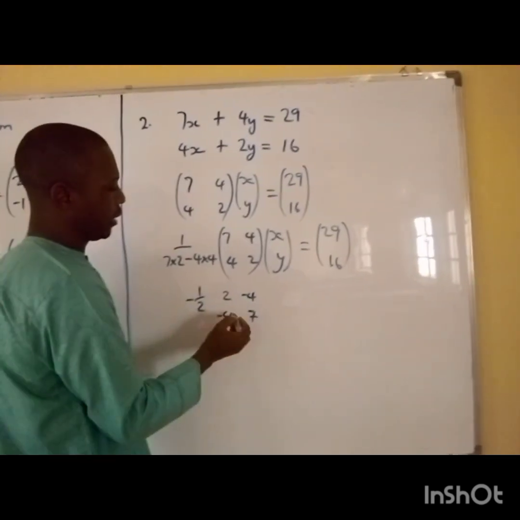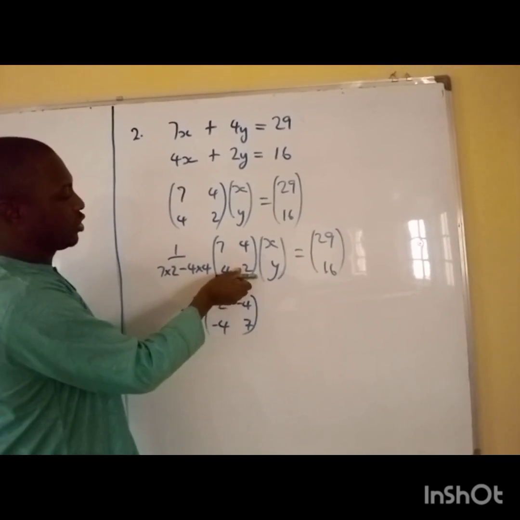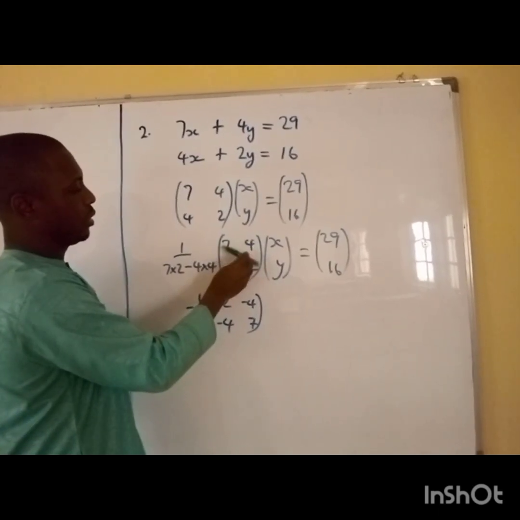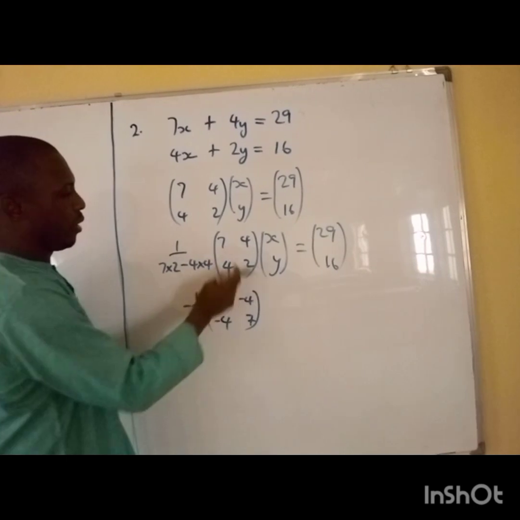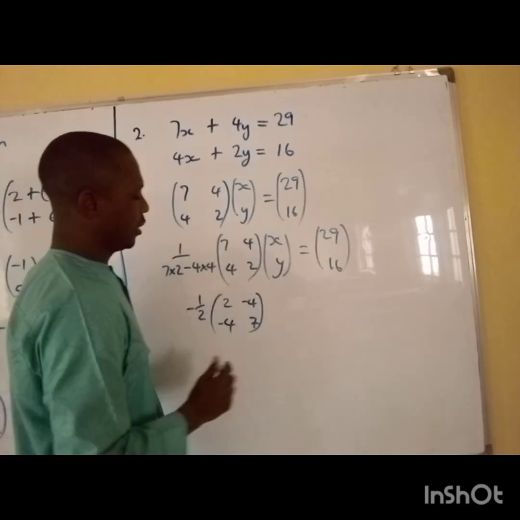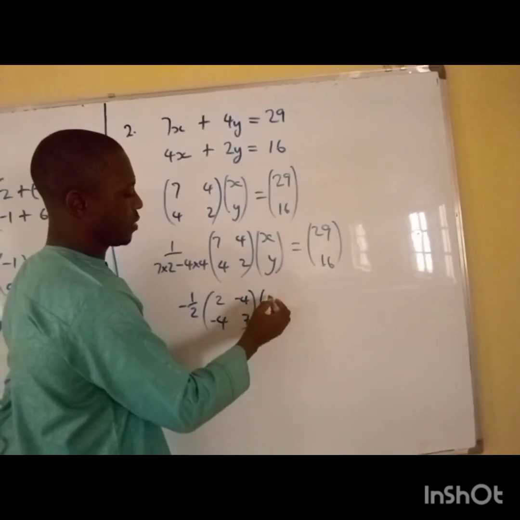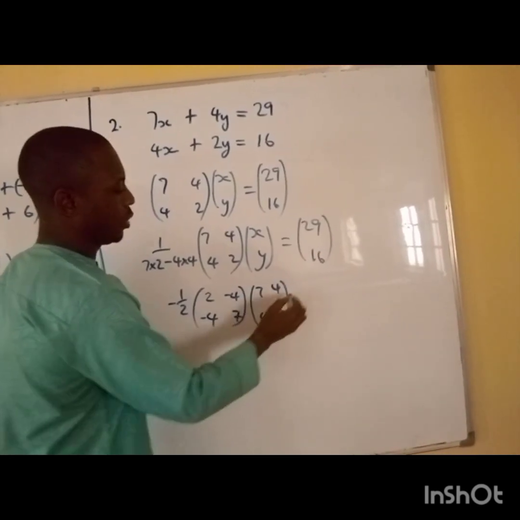That is, we swap the positions of 7 and 2, so the 7 comes down and then 2 goes up, and change the signs of the other two. So this is the inverse form of this matrix, and then multiplied by itself, 7, 4, 4, 2.